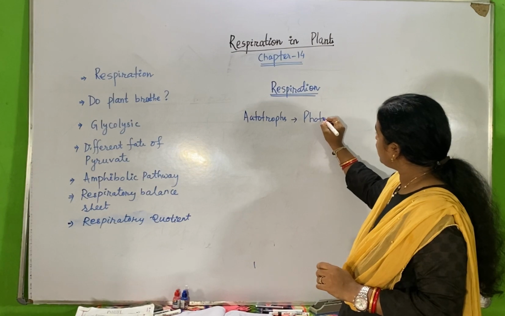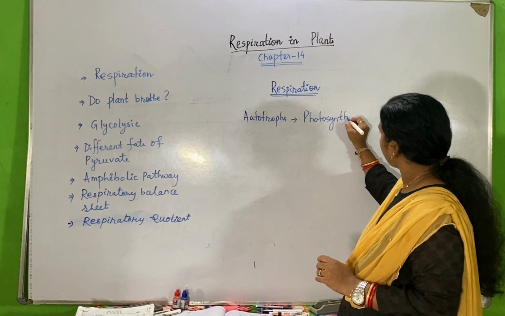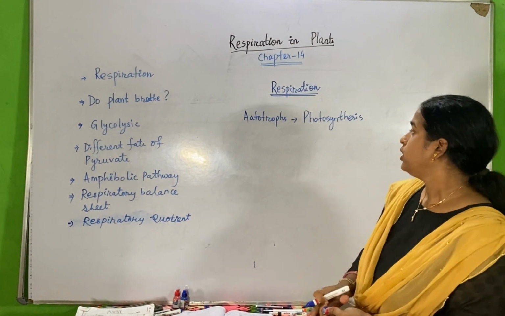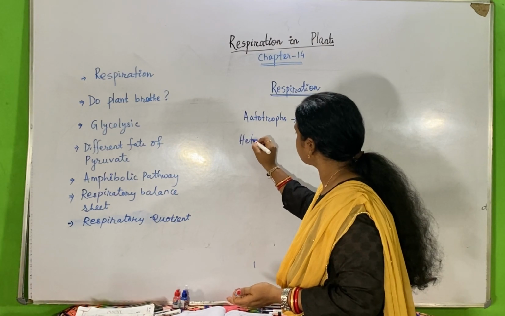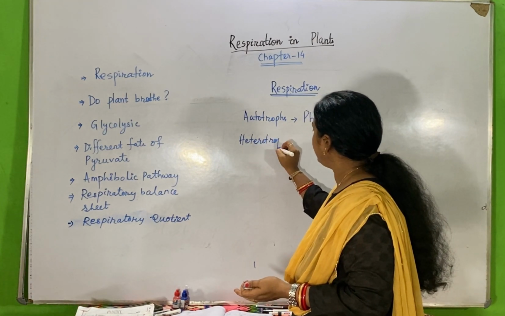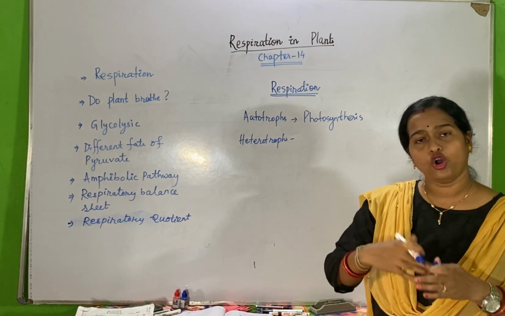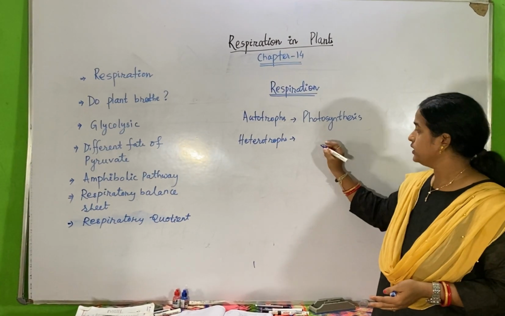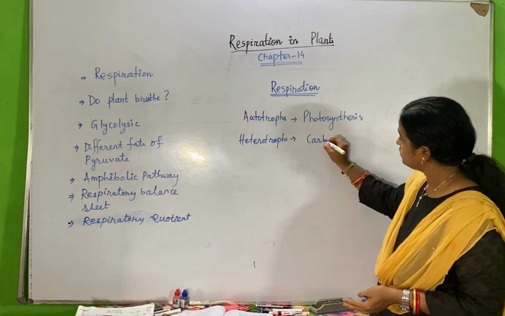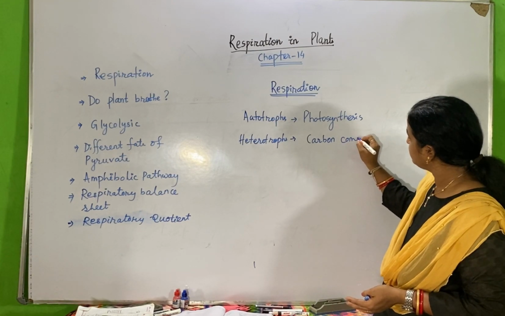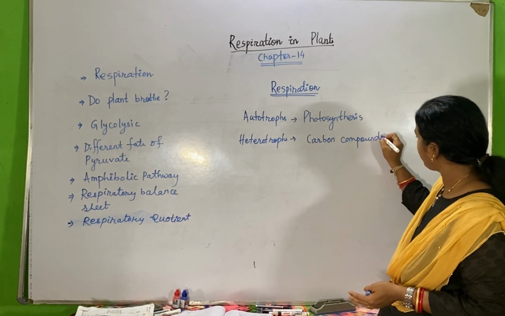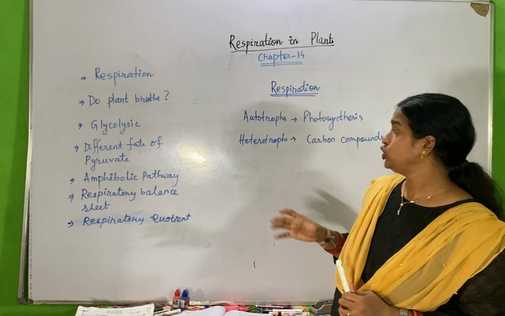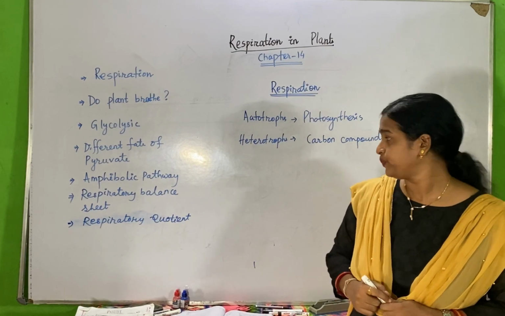In photosynthesis the autotrophs prepare their own food, but the heterotrophs depend on the autotrophs directly or indirectly for food, and the source of the food is carbon compounds. So ultimately the autotrophs are the source of all our food.